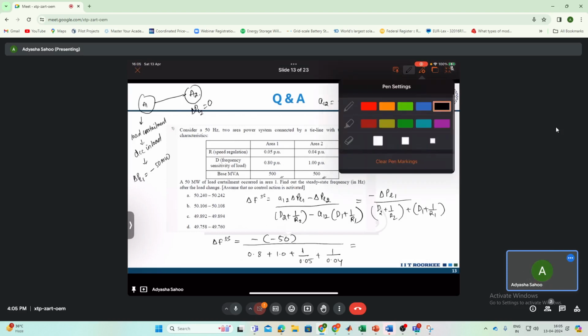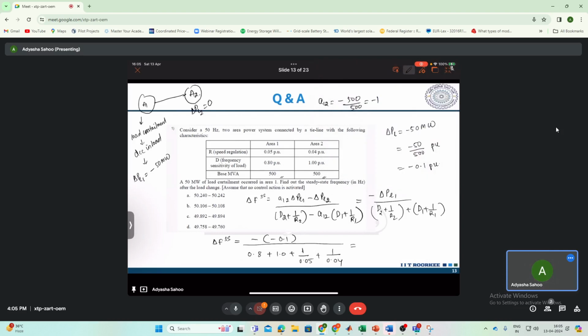So if I substitute that, you will get it as 0.002136 in per unit.